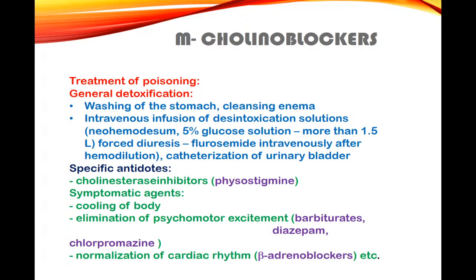The first stage is hemodilution. We dilute blood by introducing low molecular solutions like neohemodes, 5% glucose or dextrose solution. Why low molecular? Because these molecules should be filtrated in the kidneys and excreted from the organism together with molecules of toxic substances.